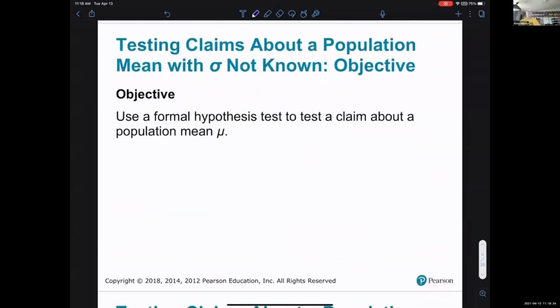So testing claims about a population mean with sigma not known. So that tells us t distribution. And so the objective, what is the objective? Use a formal hypothesis test to test a claim about a population mean. So just to go through our figures, which we were using when we were doing proportion testing before.